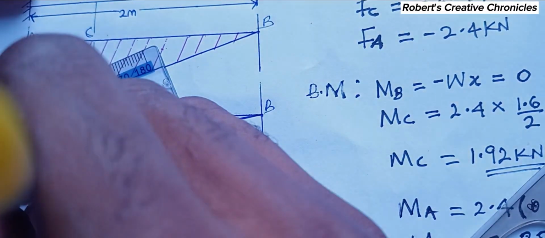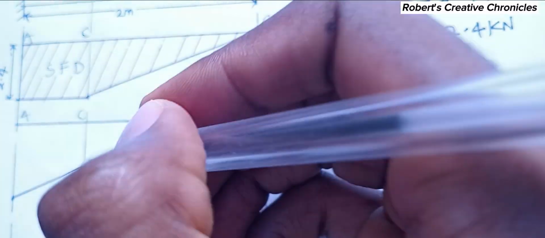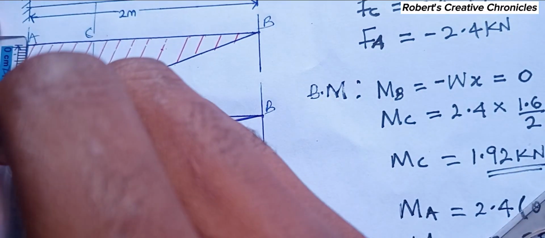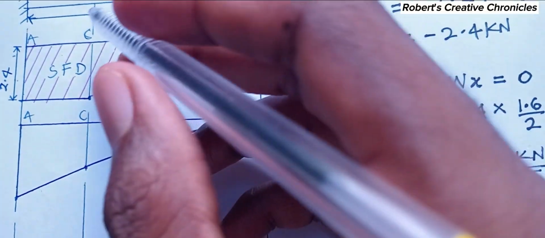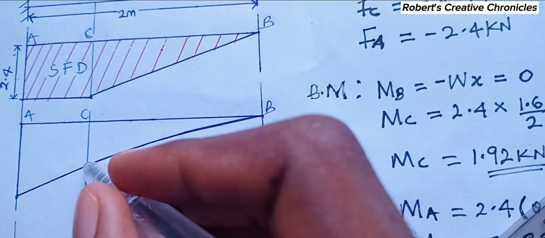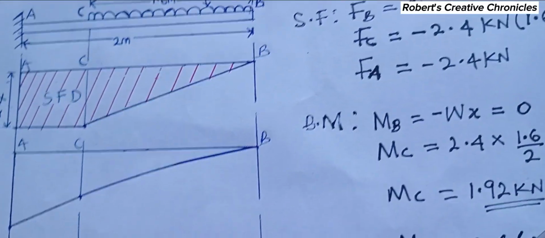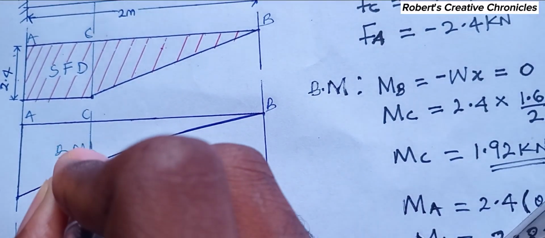The bending moment there is a straight line. But where there is UDL, you use a parabolic curve, and where there is no UDL, you use a straight line. So this is my bending moment diagram.